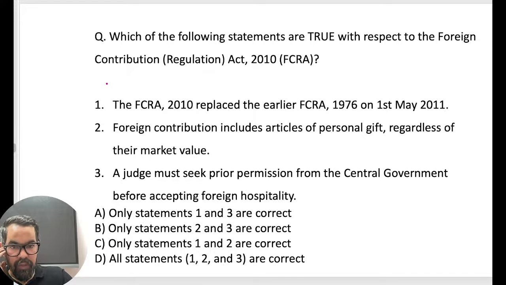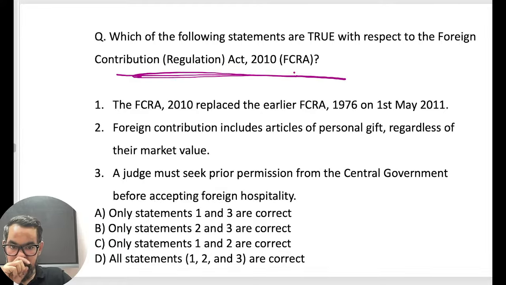Next one. Which of the following statements is true regarding the Foreign Contribution Regulation Act 2010, FCRA? It replaced the earlier FCRA 1976. This is true. If you are doubtful about this.